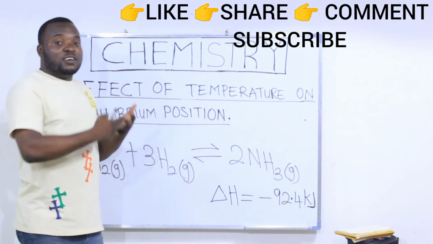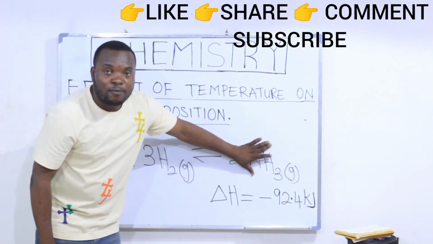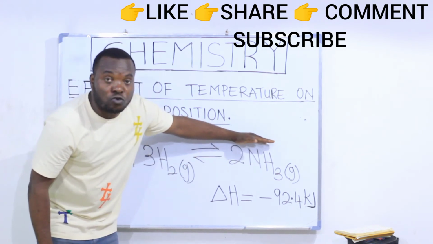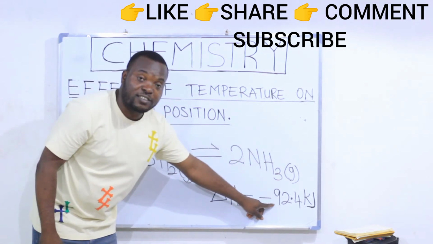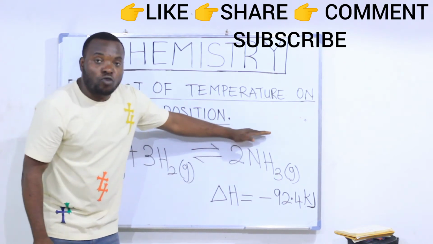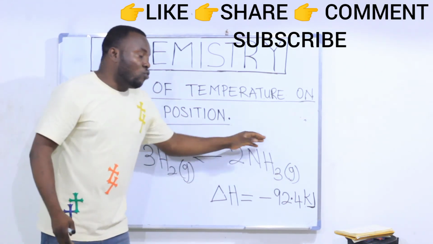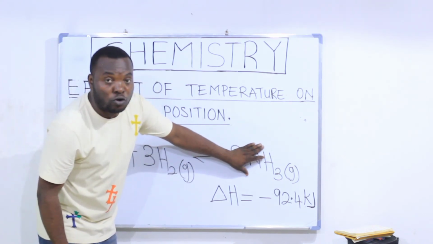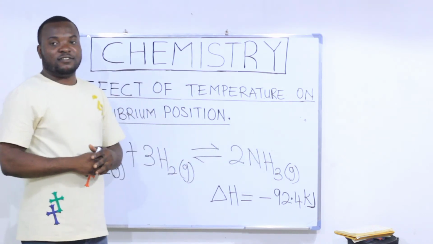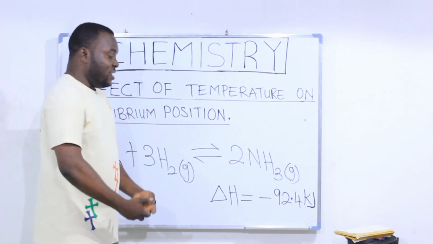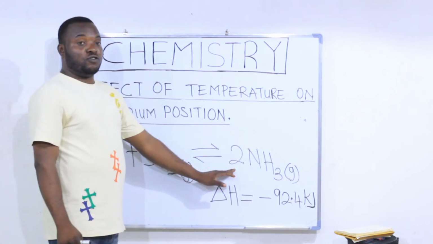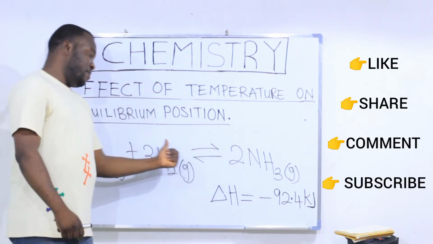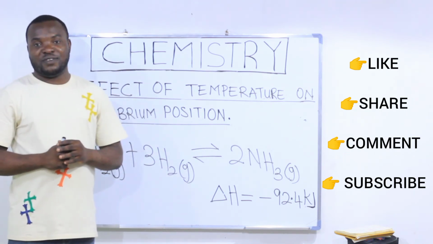If temperature is increased, will it favor the product? The product is already in a hot state because the enthalpy change is negative. Since it is hot, increasing temperature will not favor it. And whatever does not favor the product will favor the reactant. Now, an increase in the temperature of this reaction will favor the backward reaction.